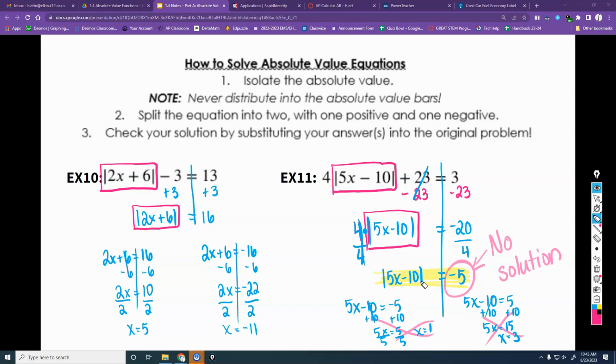Because if I have something like absolute value of x plus 2 minus 7 equals -2, can that be true? It can. Because absolute value bars aren't by themselves right there. If I add the 7 right here, absolute value of x plus 2 equals 5.